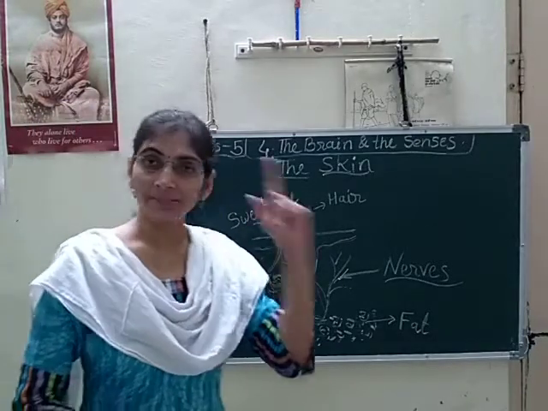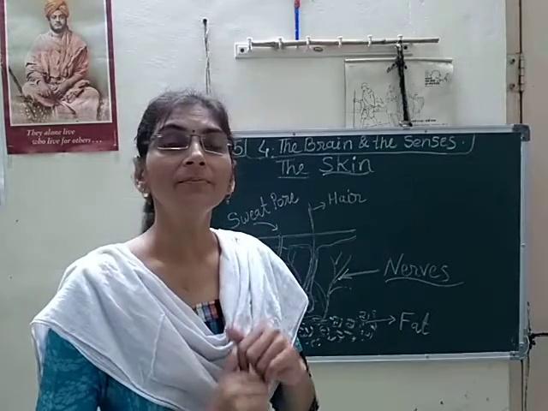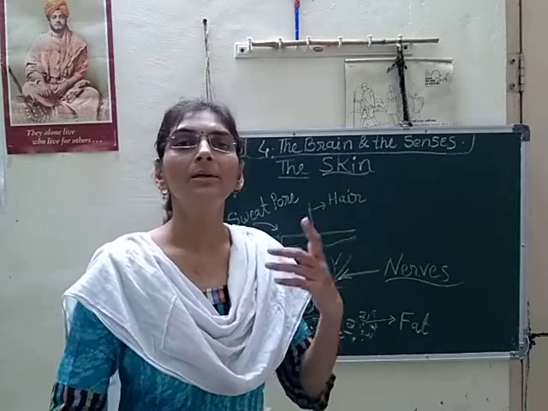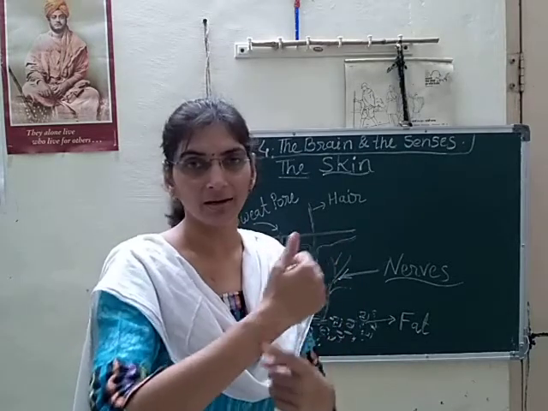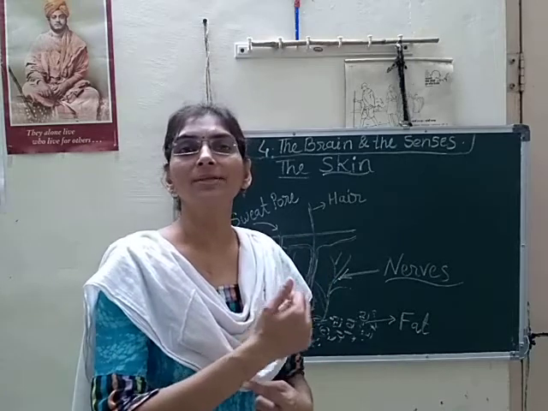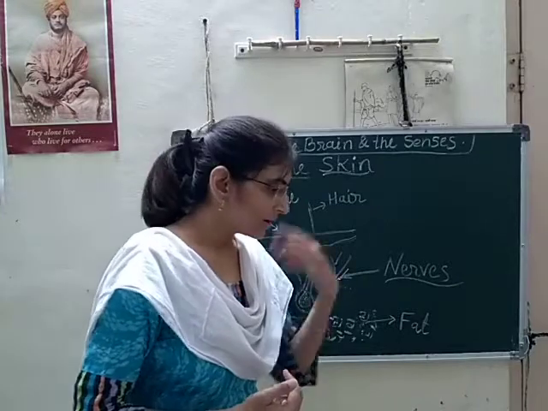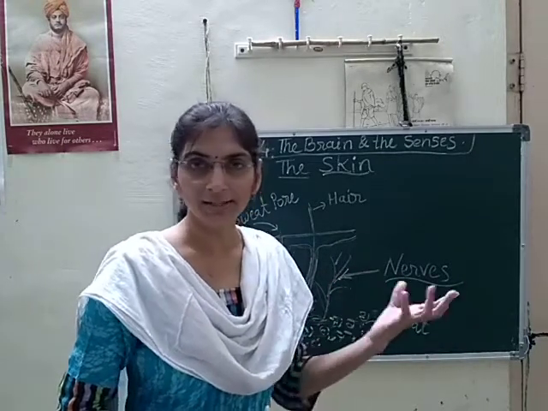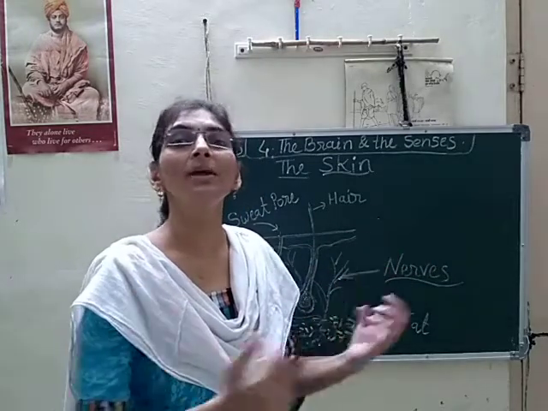But a very special thing we have discussed is the reflex action. In an emergency, when we touch a very hot substance by mistake, or a very cold substance by mistake, or if we see anything dangerous, what will happen? Our action will be a quick action.